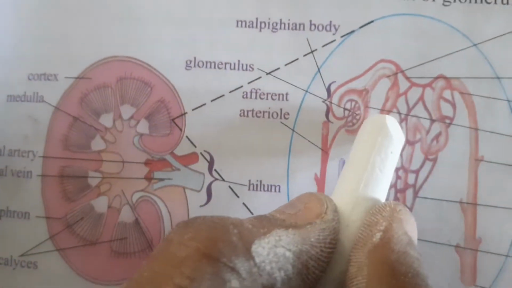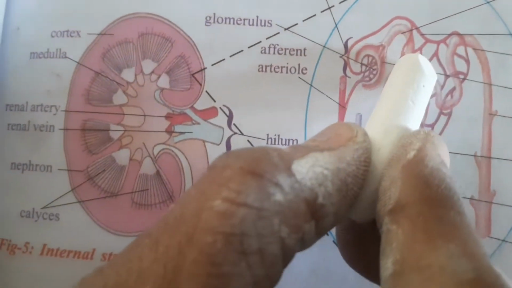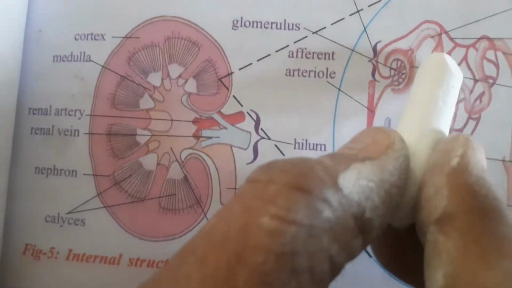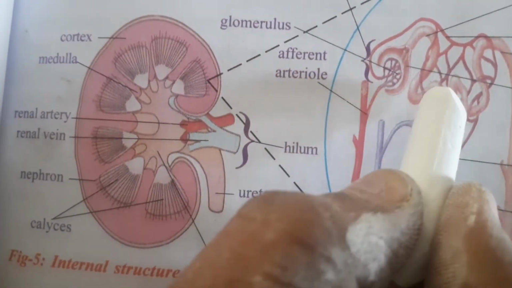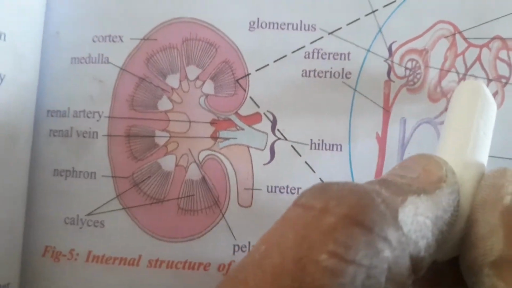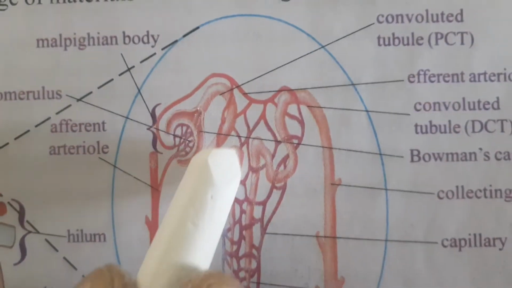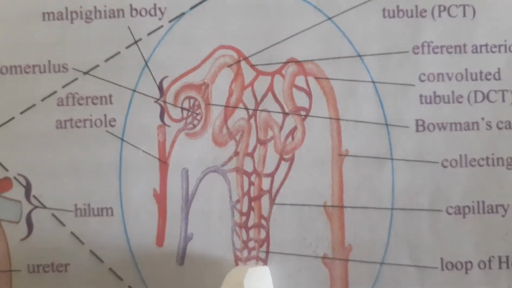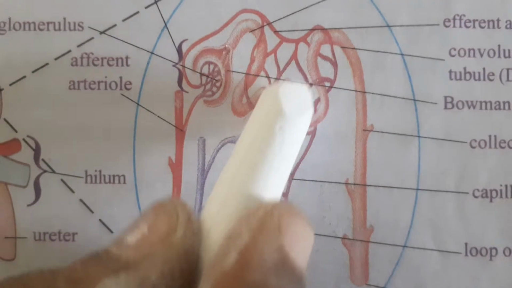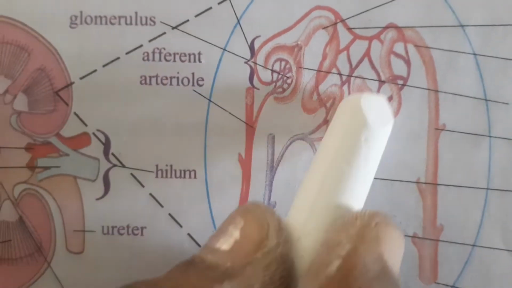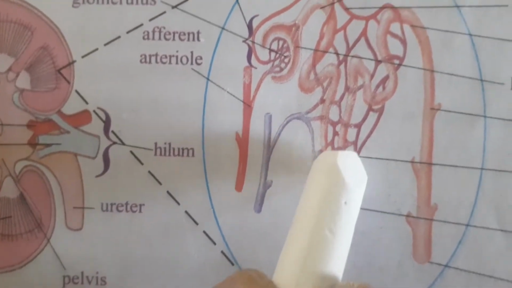Once the primary urine enters the renal tubule, it will be reabsorbed. Waste materials are removed out and the useful substances are reabsorbed. Now once it enters the loop of Henle, can you see this loop-like structure? This is the loop of Henle where secretions are released.